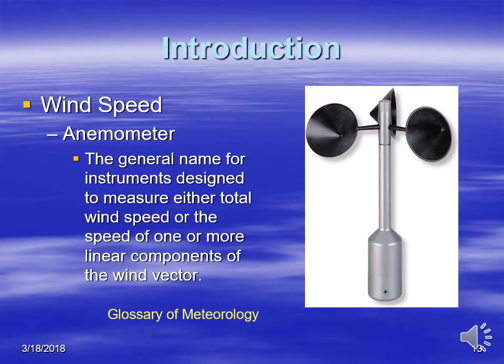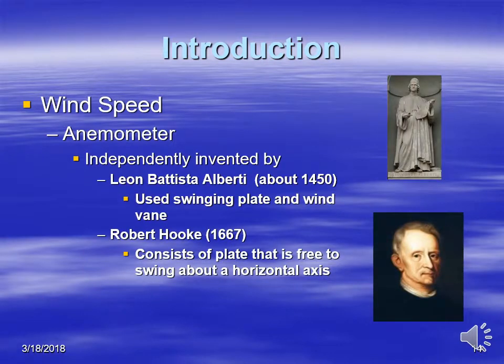Wind speed, of course, is measured by an anemometer. Anemometer is more or less the general name that we give to any kind of device that measures wind speed. And it could measure any of the individual components, or a combination thereof. The anemometer was invented by two Renaissance people independently, at different times.